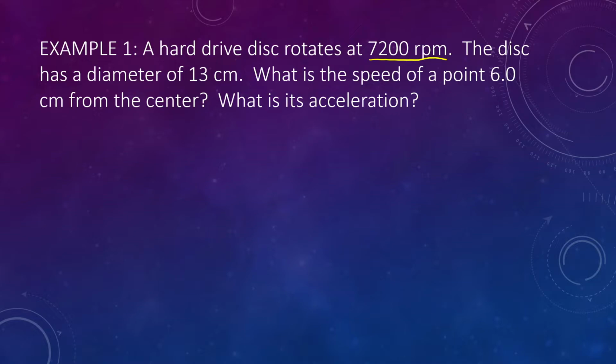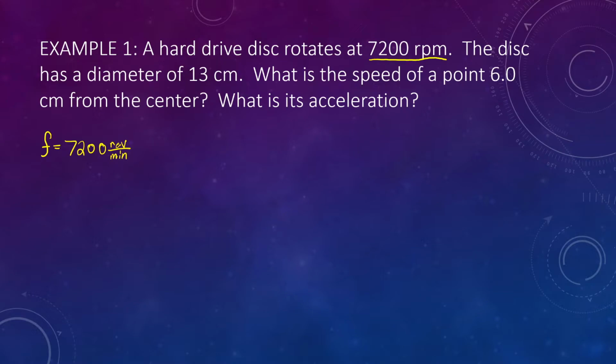This is 7,200 revolutions per minute. That should be an indication to you what this actually is. Per minute is indicating per time. In other words, this is how frequently the object is revolving. This is a frequency. 7,200, in other words, revs per minute. That's RPM.